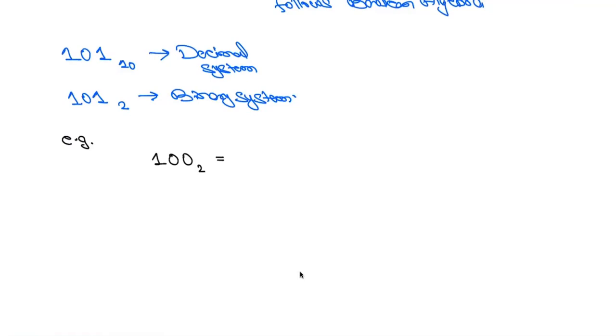It is written in the binary system. 4. How will we write the value? 1 into 2 to the power 2 plus 0 into 2 to the power 1 plus 0 into 2 to the power 0. It is 4 plus 0 plus 0, that is 4, right?